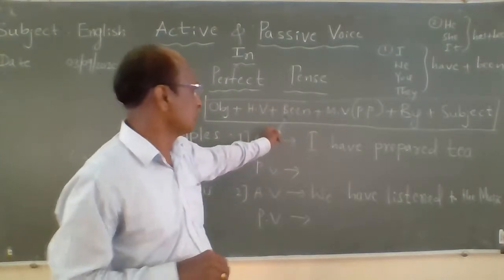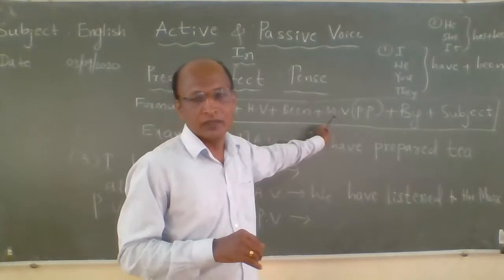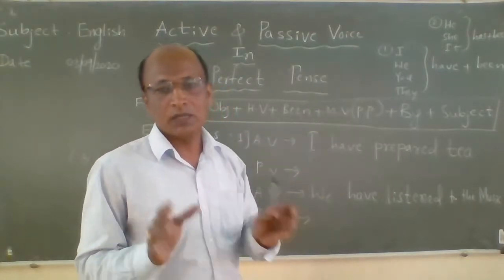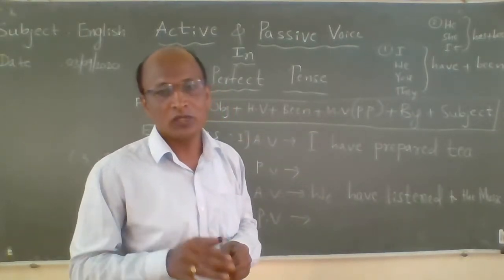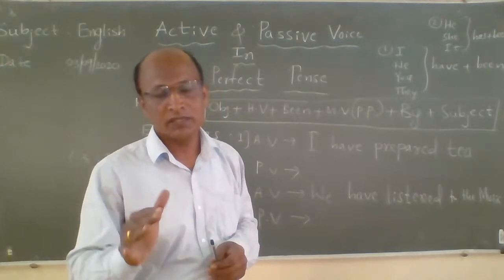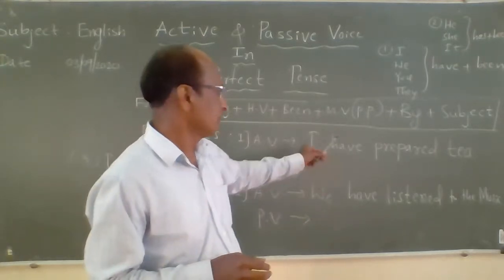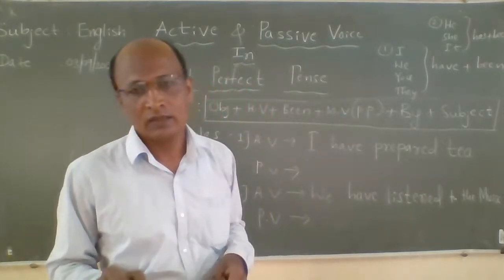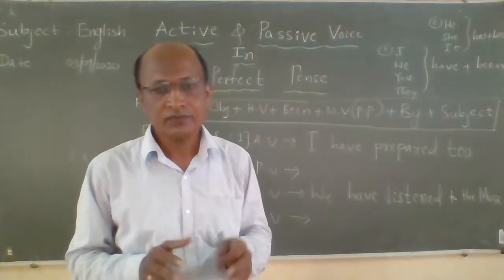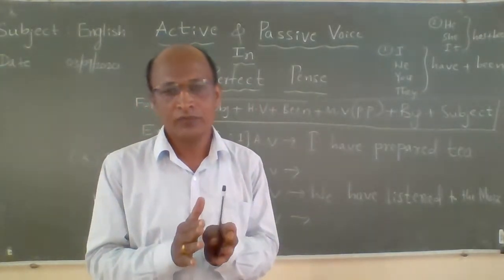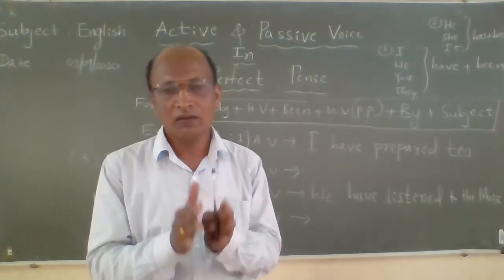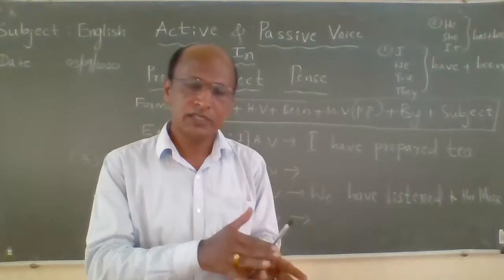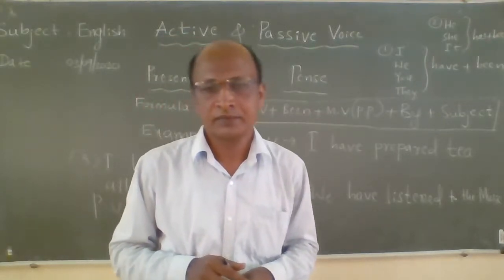Then the main verb, which should be the past participle, the third form of the verb: present tense, past tense, and past participle. Here, main verb in past participle plus by, then subject. We should concentrate on this formula. Then we should change from active to passive voice.